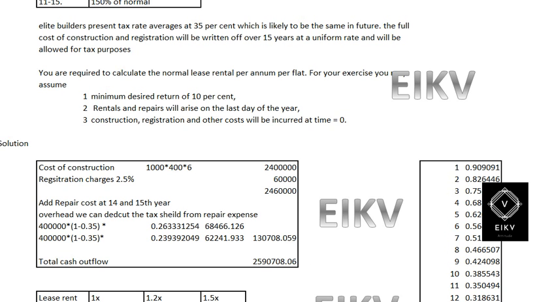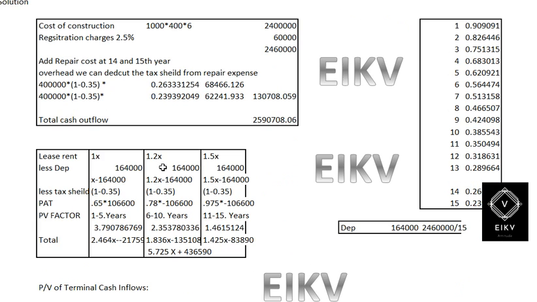Okay, so we have the cost. Now we do the computation of lease rent. The lease rent shall be considered as x. Therefore the lease rent for the first 5 years will be x, for 6 to 10 years it will be 1.2x, and for 11 to 15 years it will be 1.5x. Then the depreciation shall be considered.